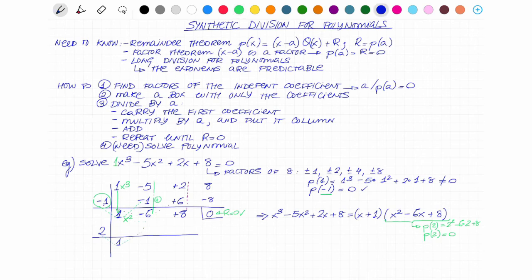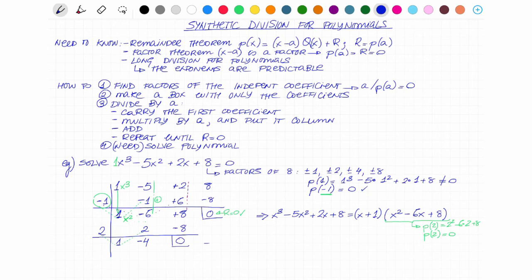In our case, 2 times 1 is a 2. And then we will add together. -6 plus 2, that would be a -4. And repeat the process until we end. 2 times -4, that's a -8. And when we add them together, that's a 0, which is our remainder.